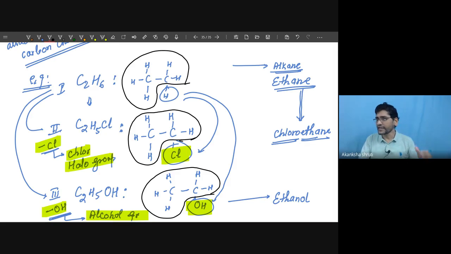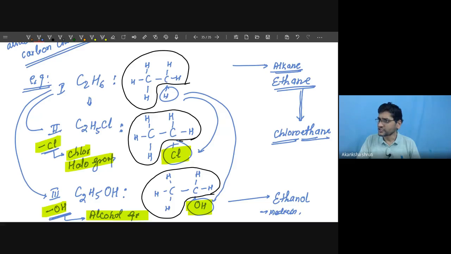So this chloroethane is used as an organic solvent in our laboratory, used for making polythene and other kinds of things. This alcohol, you already know, is used in many medicines. So this ethanol has medicinal characteristics, even as beverages or for drinking purposes.